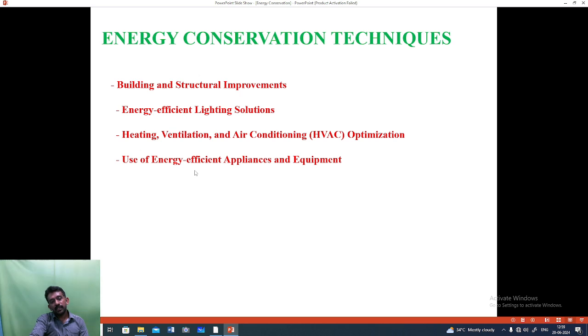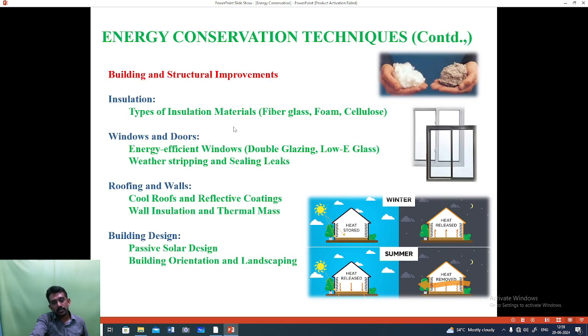So let me explain in detail about building and structural improvements, where we can conserve energy. Coming to insulation, it deals with the heat flow coming from the outside environment to the inside, especially in summers.